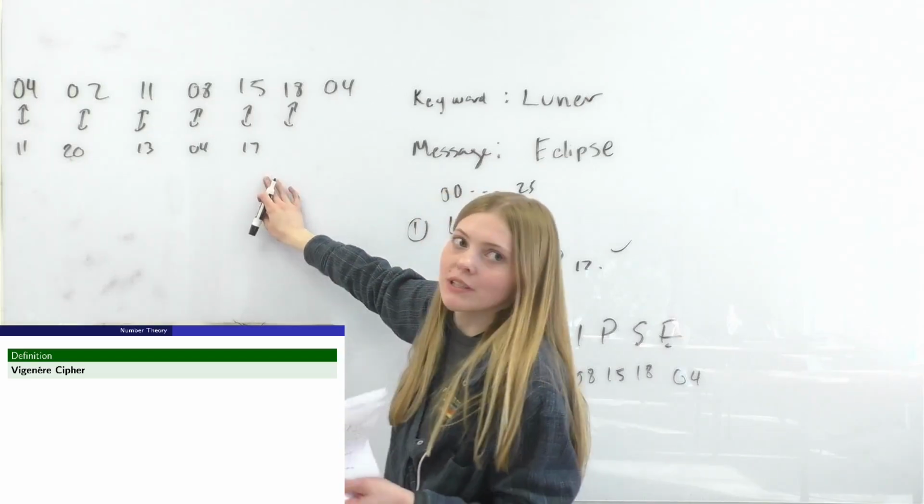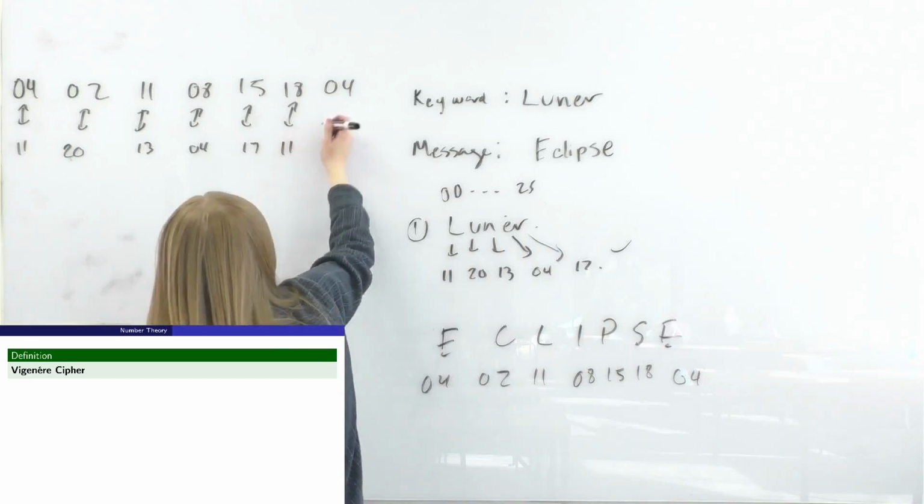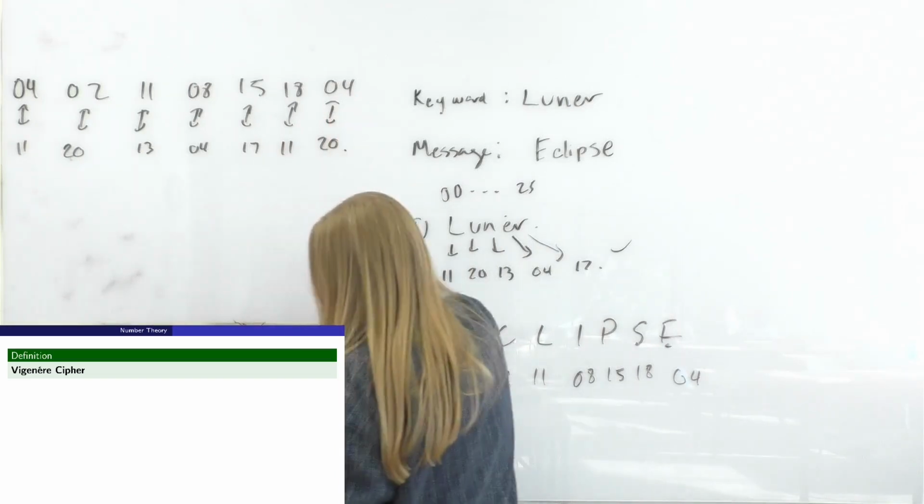We're out of letters, but does anyone see what we're going to do? Just do it again, right? So we're going to put 11 here, and we're going to put 20 here.